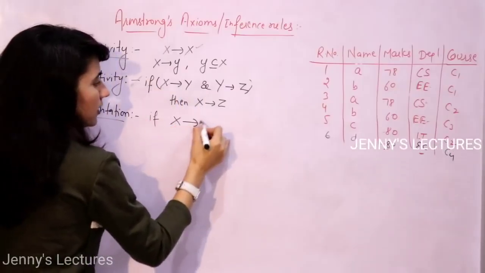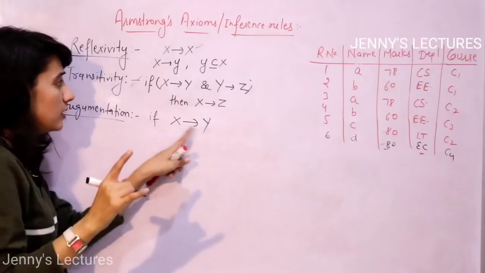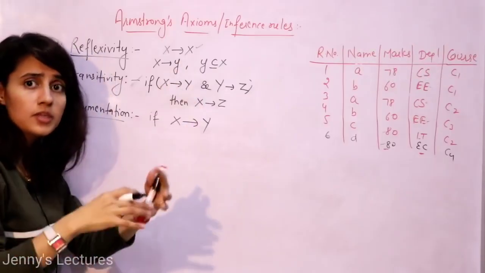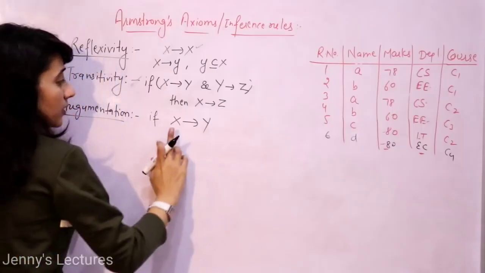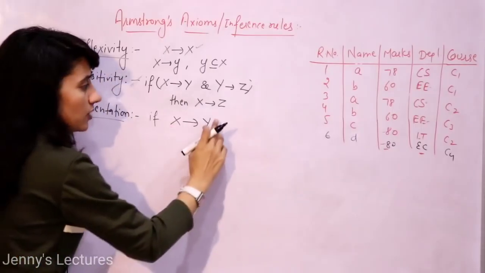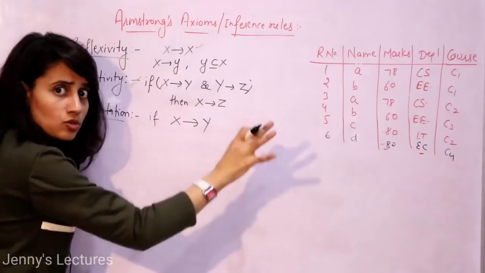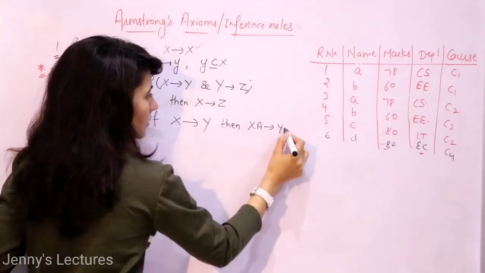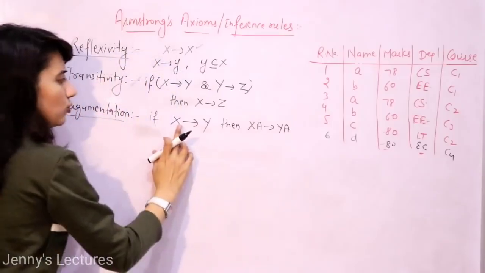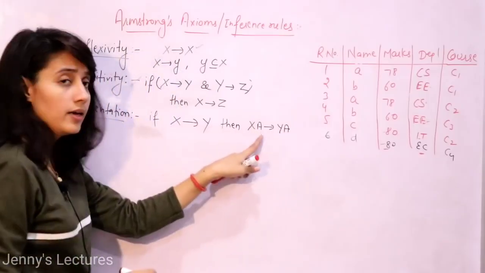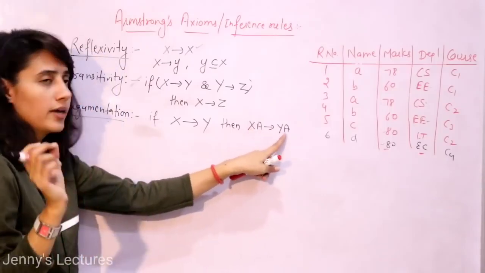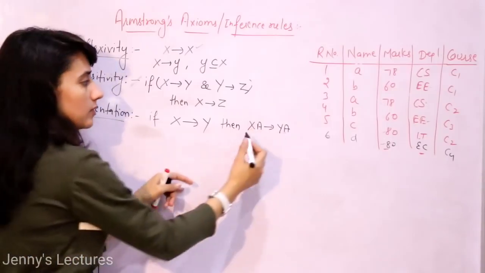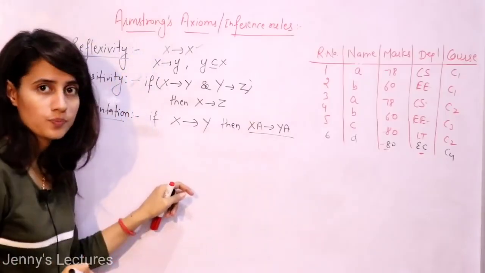See, if x determines y, and here x and y may be one attribute or a set of attributes, right? If x determines y, this functional dependency exists on a table, then you can add any attribute on both sides. If you are adding a, xa will determine ya, right? This would always be true.